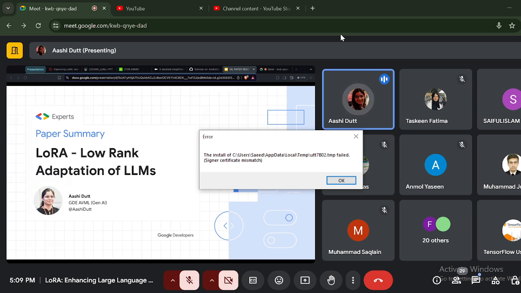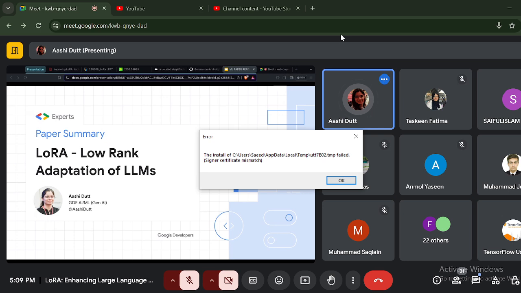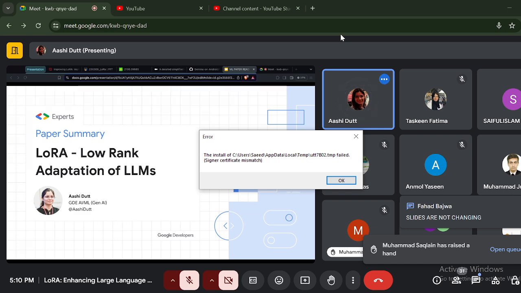Then GPT models by OpenAI, if you actively use ChatGPT for your assignments, for your work, writing code. Then Llama models by Meta, Gemini and Gemma models by Google, LaMDA models, Mistral models, and Phi models. These are a few examples of such models.